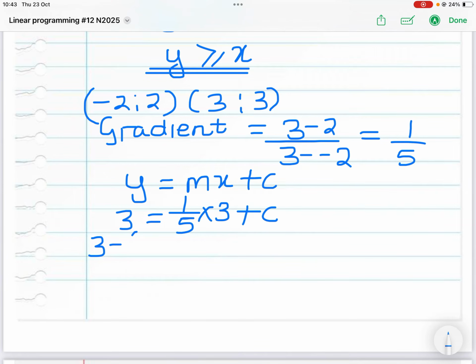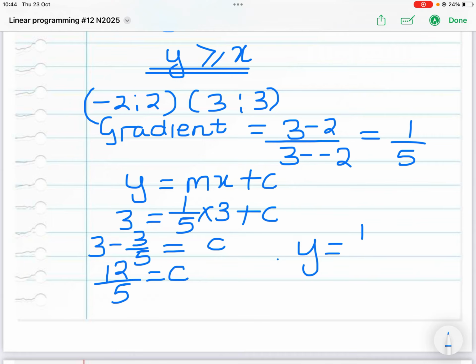We say 3 minus 3/5 equals c. So if we say 3 minus 3/5, we are going to get 12 over 5. So this is our c. When we are now writing our equation, we say y is equal to 1/5 x plus 12 over 5.